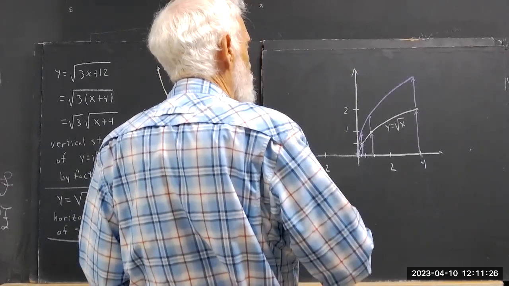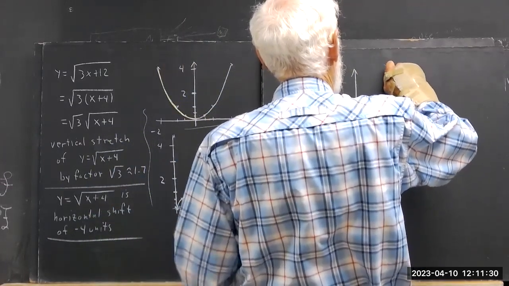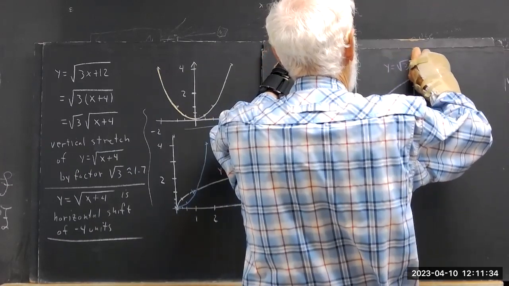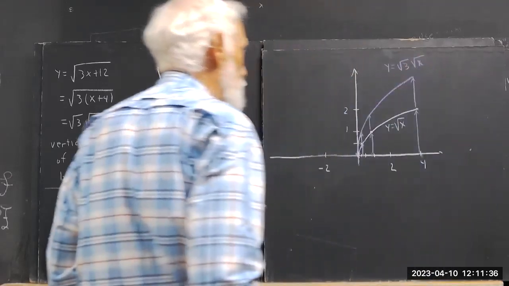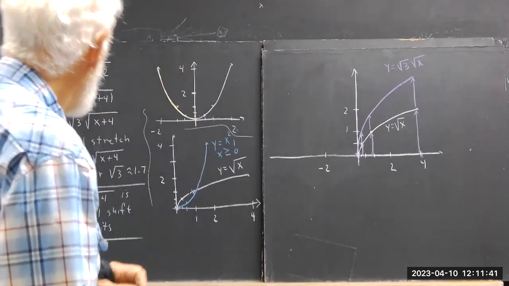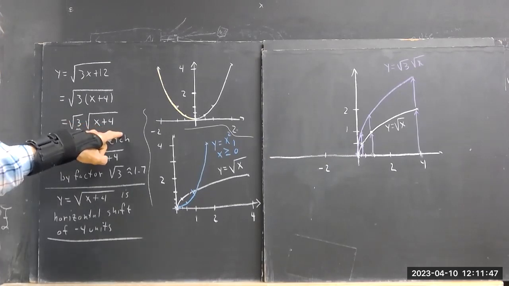What we have up here is y equals square root of 3 times square root of x. What we want to get is y equals the square root of 3 times the square root of x plus 4.